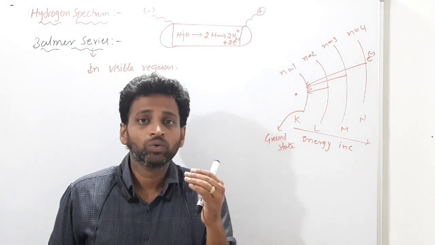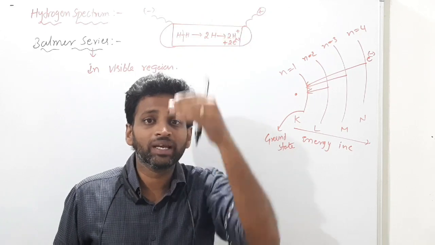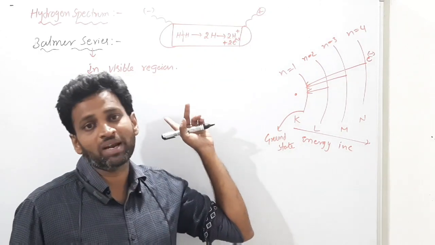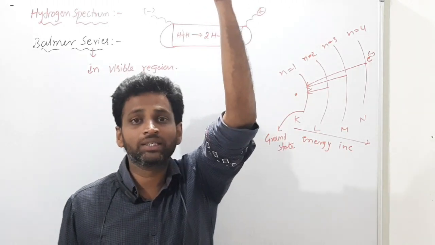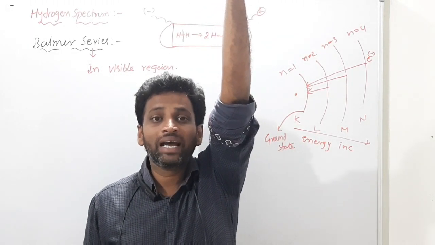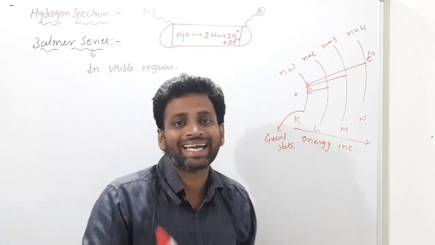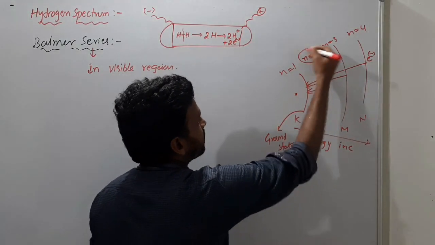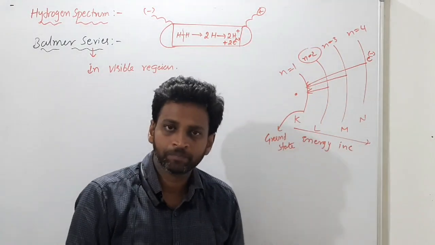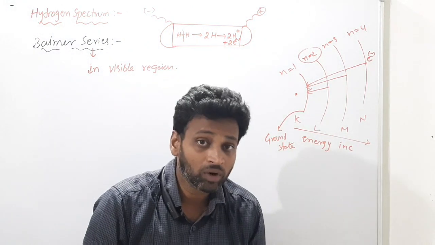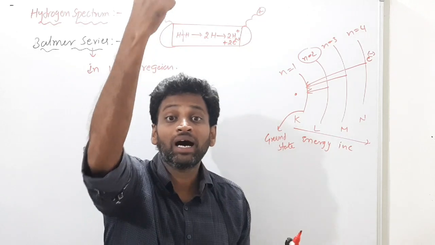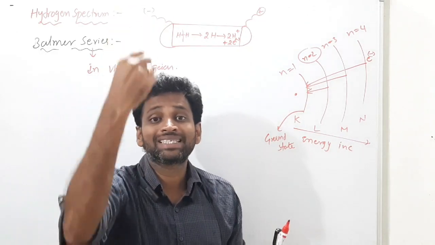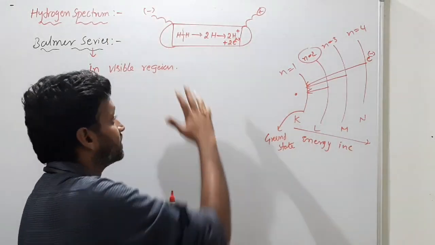And he explained how the electron jumping takes place. Balmer said the electron is jumping from a higher energy level to the second level. Second level means this level, he said.